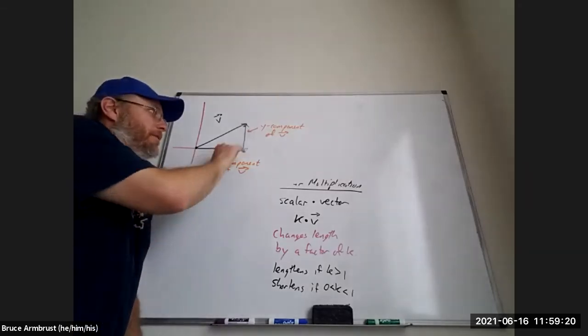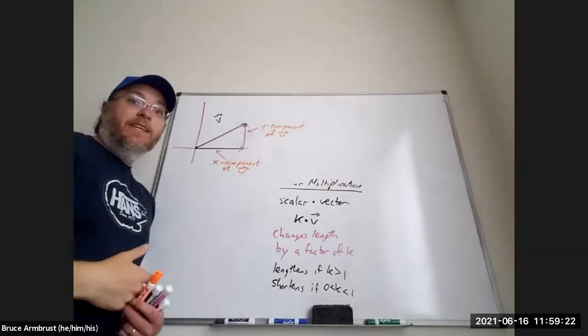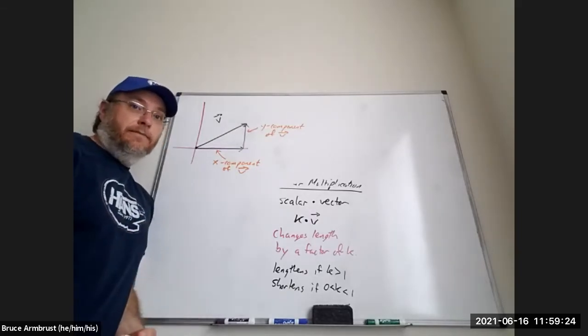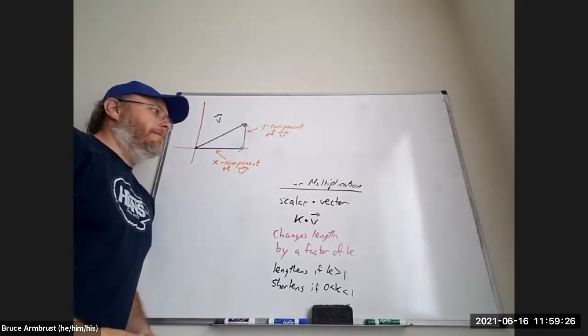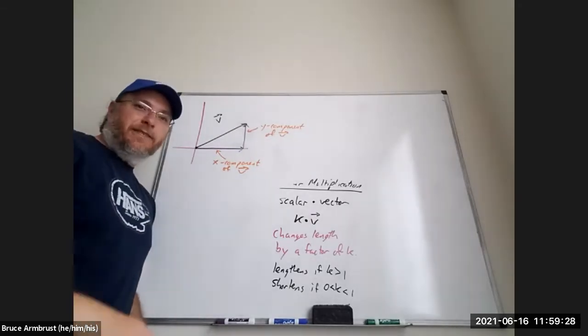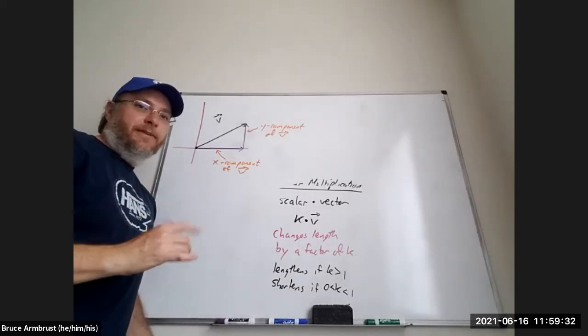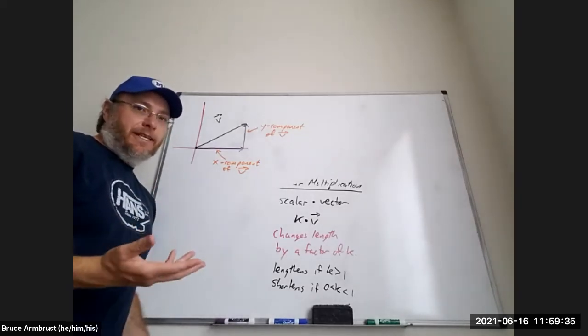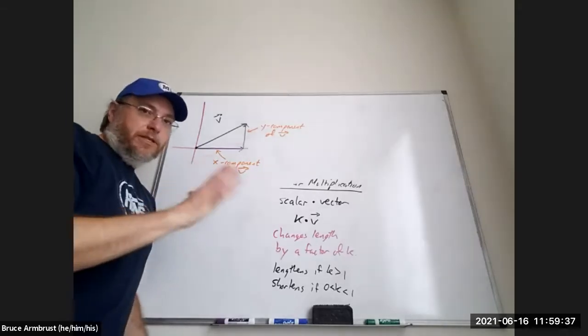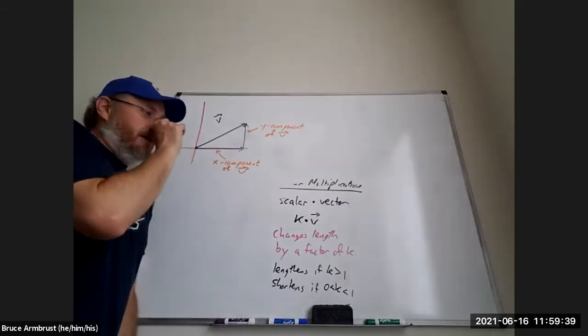You take the x component, you add the y component, and it gives you the vector itself. If we were in 3 dimensions, we'd just do 1 more component and go into a 3rd direction. We call it the z direction. But we'll just stay in the plane, so we only have the x and y components.